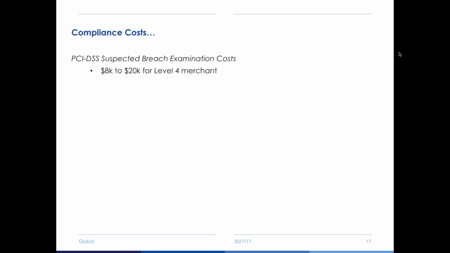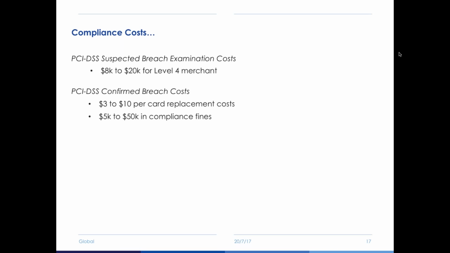So compliance costs, I kind of hinted at this on the last slide. We'll look at a couple of areas here. PCI DSS. This is a standard, a requirement if you're doing point of sale, credit card transactions, things of that nature. If there is a suspected breach that you have to report to PCI DSS, they're going to come in and do an examination of your network.